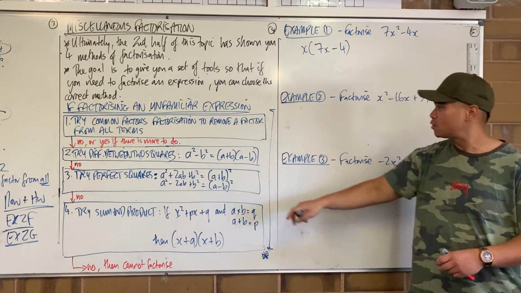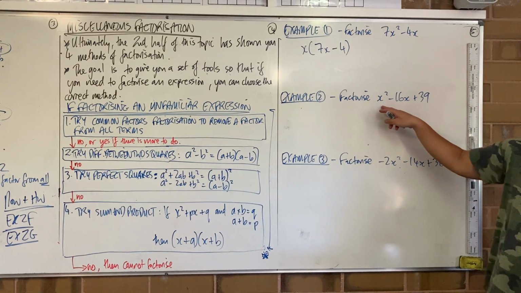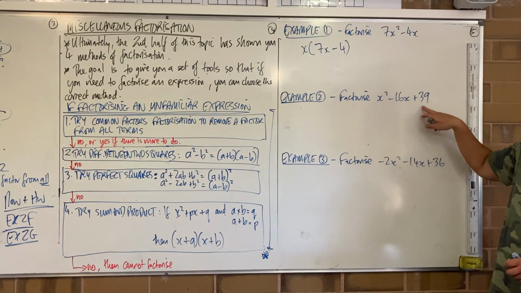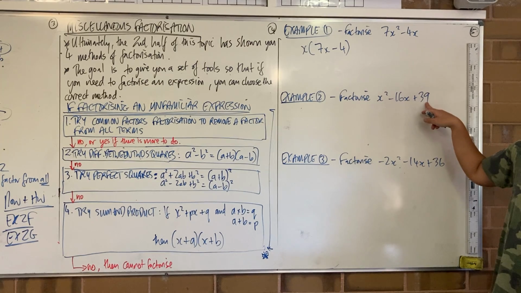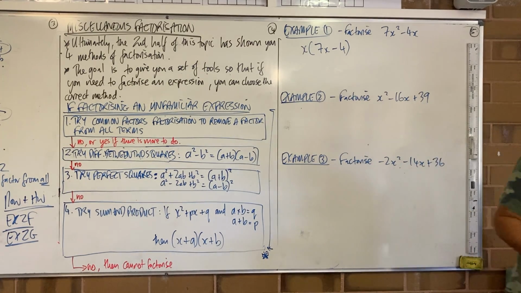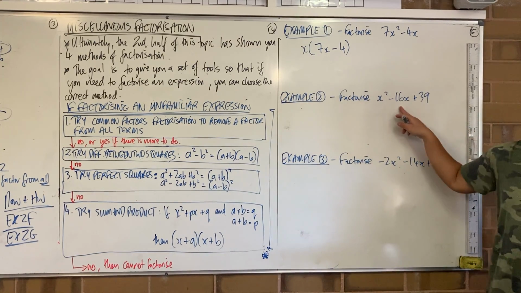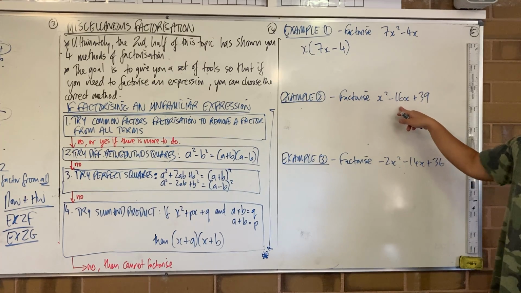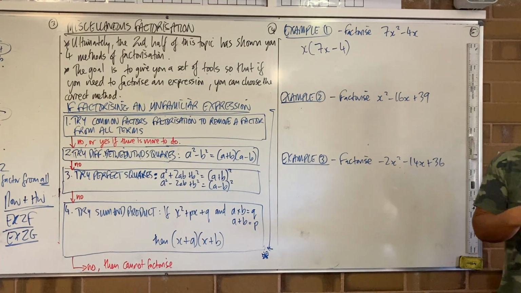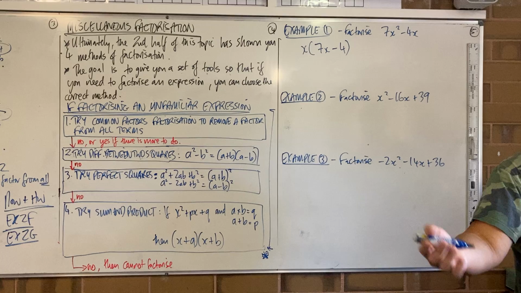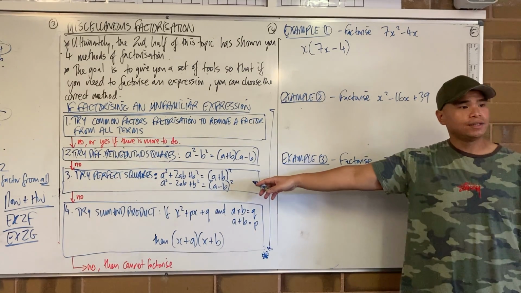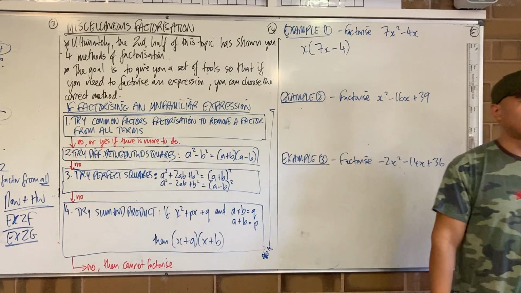Can I try perfect squares? Yes, I've got 3 terms. But is this a square number? 16 looks like a square number, but we're talking 16x. The only way this is going to be a square number is if it was 16x squared. So perfect squares is not going to work. So the only thing I can try is sum and product.